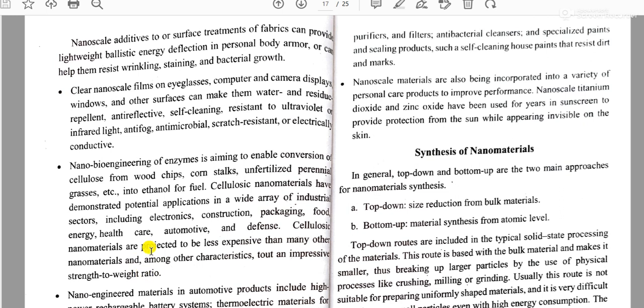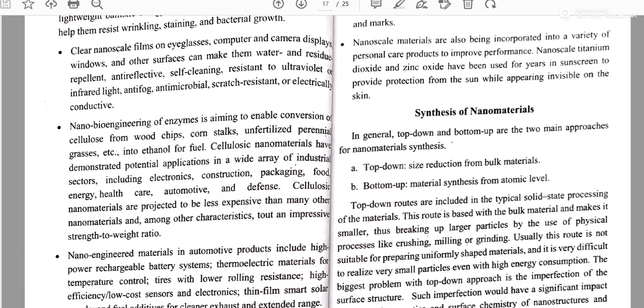So here in all these cases we are able to synthesize cellulosic nanomaterials which are less expensive and which also have high strength to weight ratio. So all these are the advantages of nanotechnology.